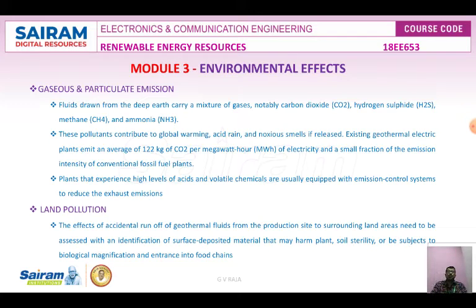The damage to the environment is, suppose you are drilling into the earth, that may create some seismic activity or earthquakes. So if you want to develop this geothermal energy, we need to carefully study the problems and give solutions to control them at a reasonable cost.